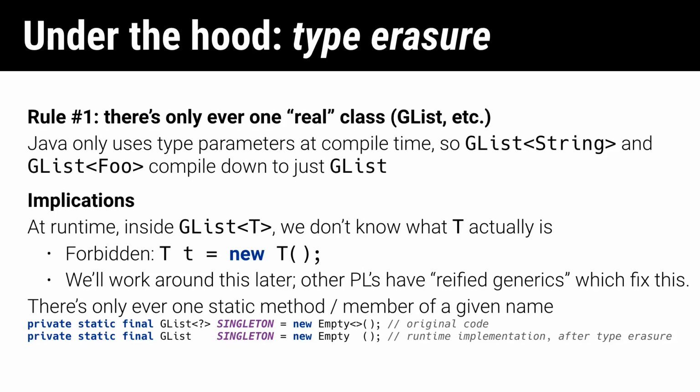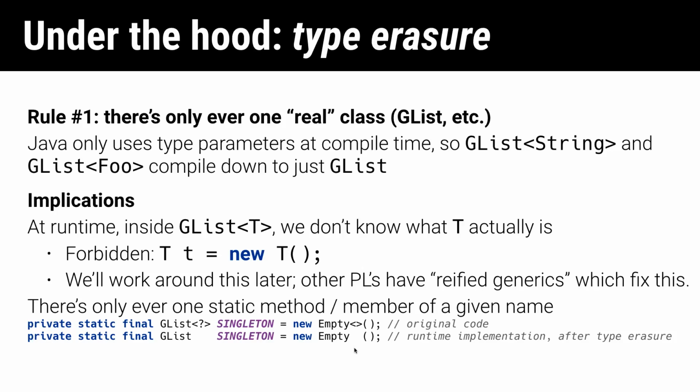So if you look down at the bottom here, when we write code that says GList of something singleton equals give me a new Empty, the actual code that the compiler emits looks more like this. It says make a list of nothing. And so that's why we know we can get away with this, because all the type parameters only exist at compile time. They disappear at runtime.